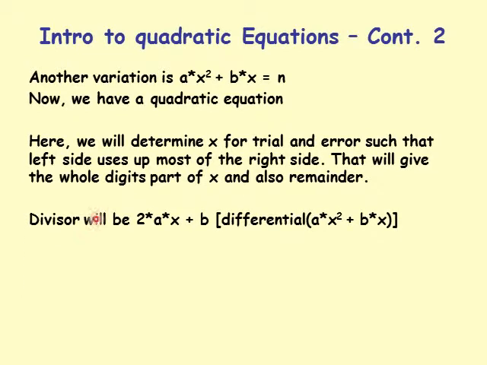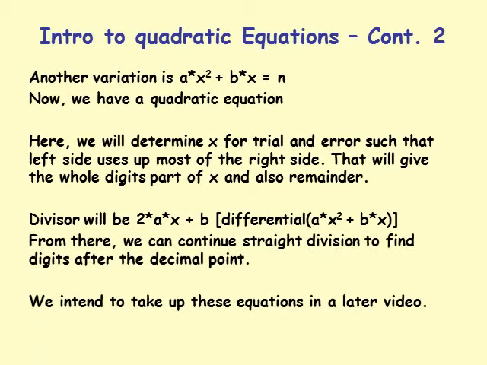Let's continue here. The divisor would be 2 a x plus b. The first differential of a x squared plus b x is 2 a x plus b. So we determine x, and the divisor would be 2 a x plus b. From there we can continue straight division to find digits after digits, including the digits after the decimal point.